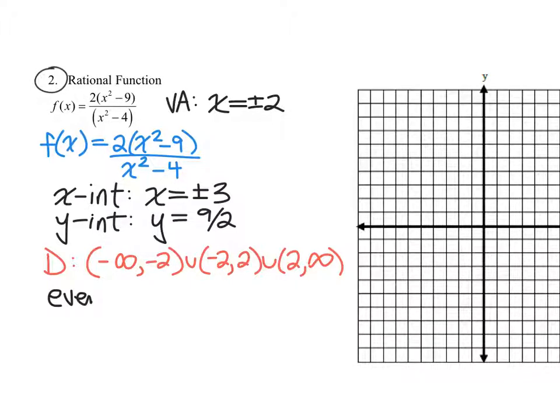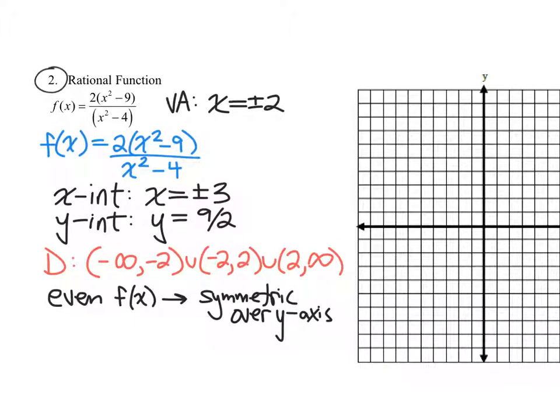The reason why that's beneficial: an even function tells us that it's symmetric over the y-axis. If it were an odd function, meaning all the powers were odd, then it would be symmetric through the origin. It gives you a sense of what the graph's going to look like.